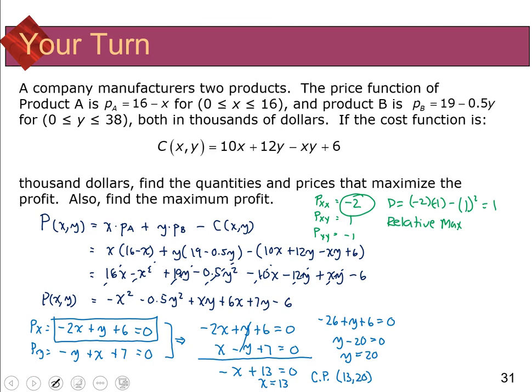So, the price for A is 16 minus 13, so that's $3,000.